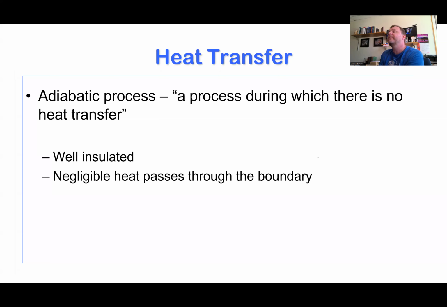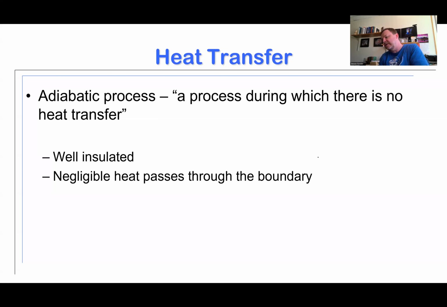I've definitely seen in some other texts where they'll say the process occurs rapidly. The idea there is if a process occurs rapidly, that means there's not sufficient time for heat transfer to catch up and get the system back to some equilibrium.